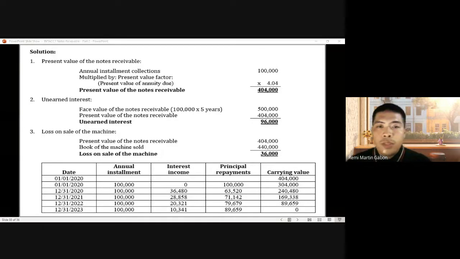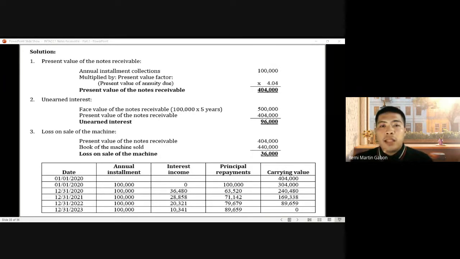You could either use 304,000 minus 63,520, we can arrive to 40,480. Or you can have it 304,000 plus 36,480 minus 100,000. Ganun pa rin yun. Then do the same thing until 2022 na information.